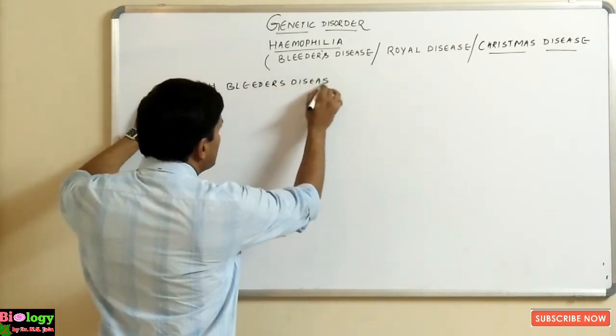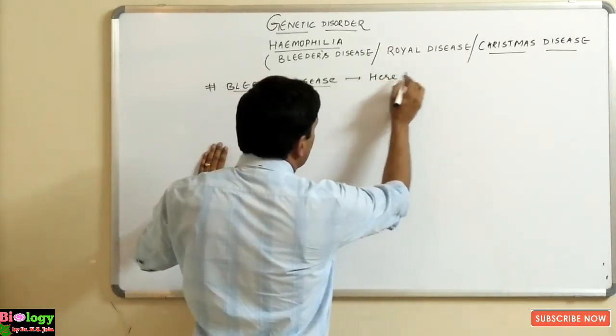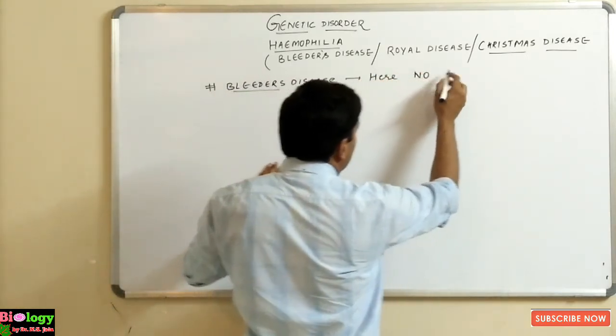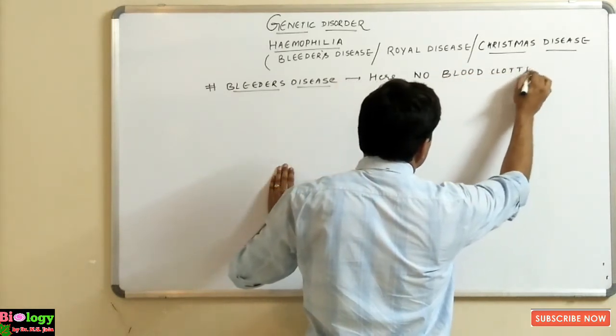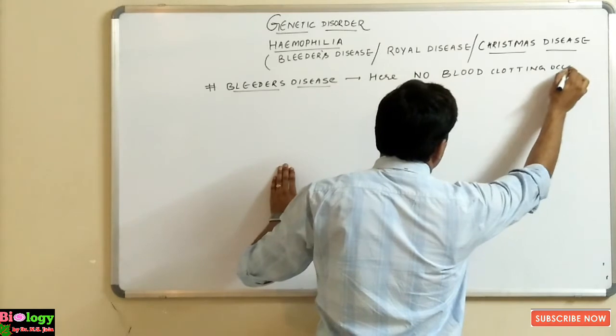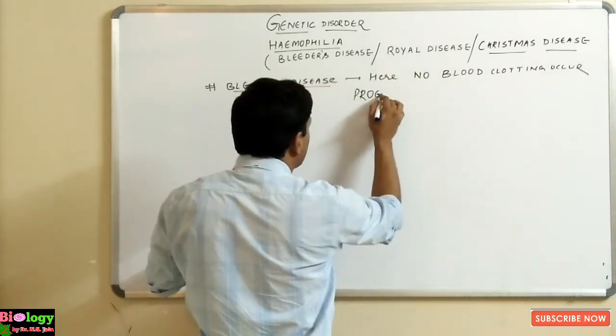It is called bleeder's disease because here no blood clotting occurs, or we can say that blood clotting is prolonged.